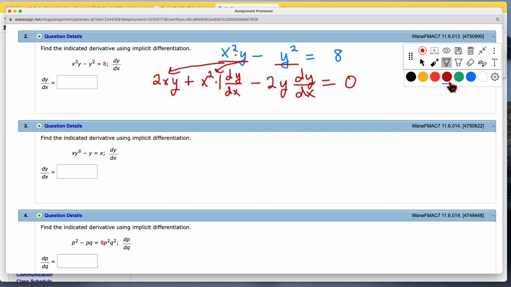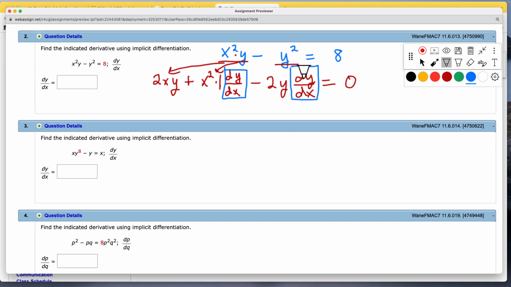Okay. So now we're working on the algebra part. I always go back with a different color pen or a highlighter. I highlight the dy dx because that's what I want to focus on. I want to get these two different dy dx's to become one dy dx, and I can do that through factoring. And I want anything that doesn't have a dy dx to get out of there because it's just in the way.